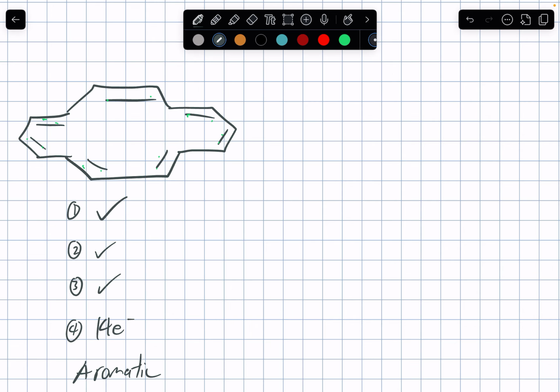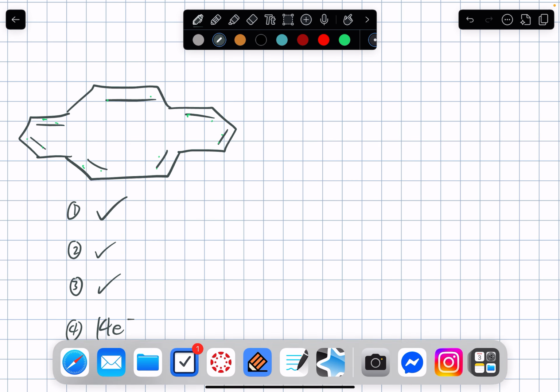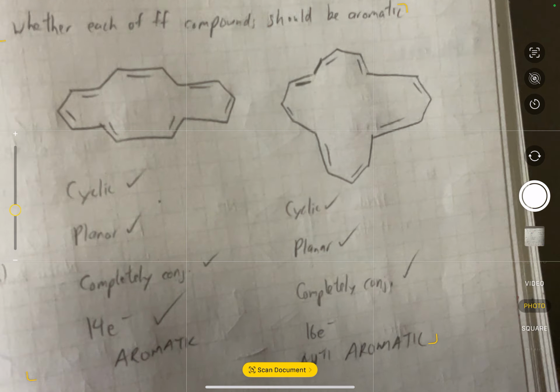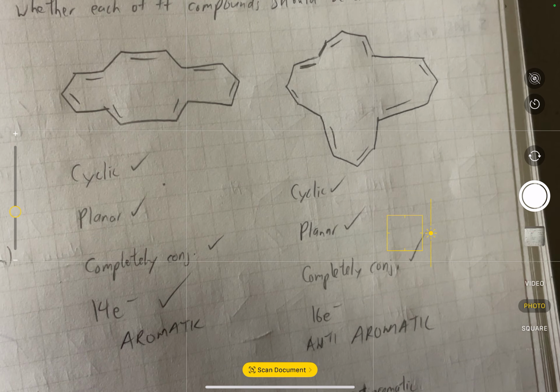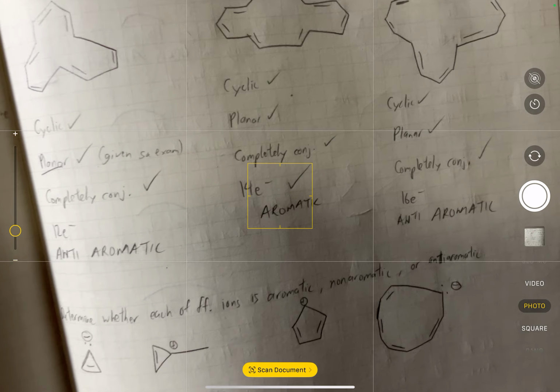I don't like drawing this figure, bro. Bruh. Let me just show you the picture. So that figure is anti-aromatic. Okay.